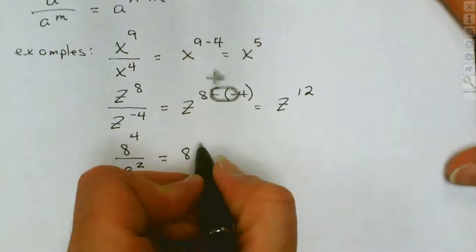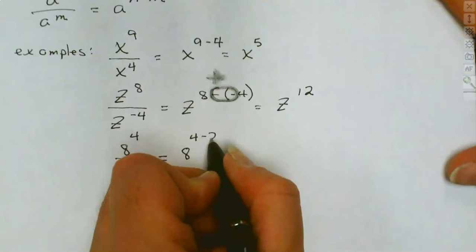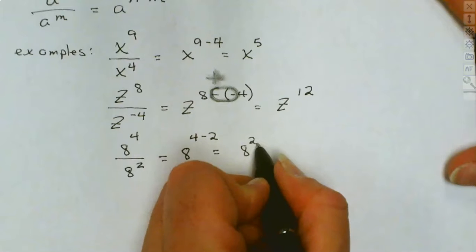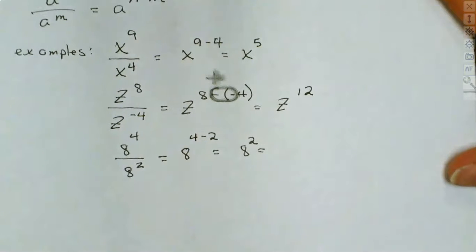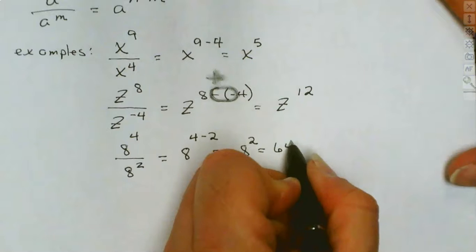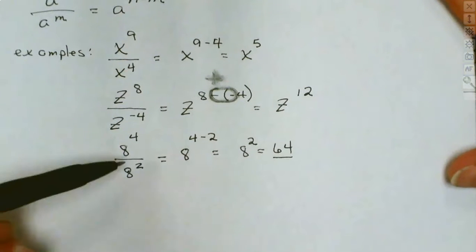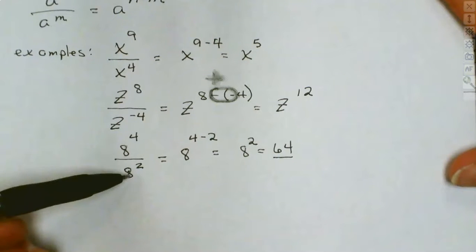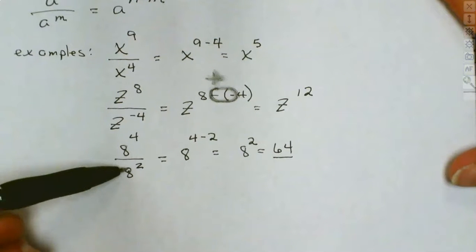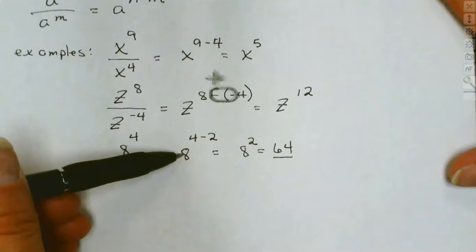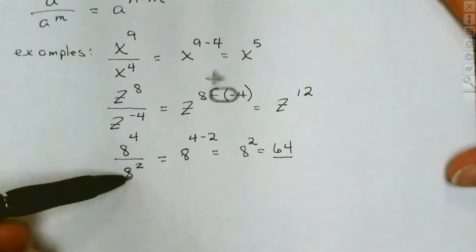And what's my exponents? 4 minus 2. And that gives you an 8 squared. And 8 squared is 8 times 8, which is 64. But where students make a mistake is they try to divide these out. These have the same bases. So that means my base is an 8. We do not divide them out and get a 1. We'll use a common base of 8 here.